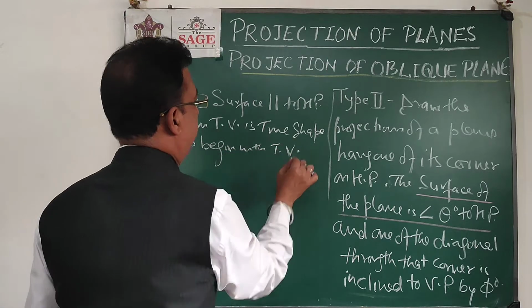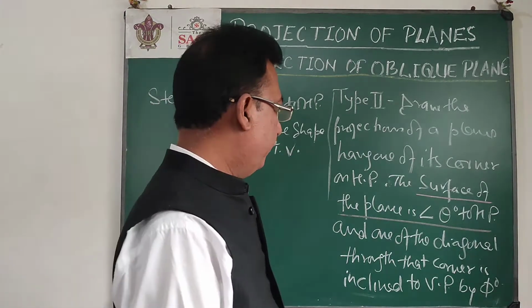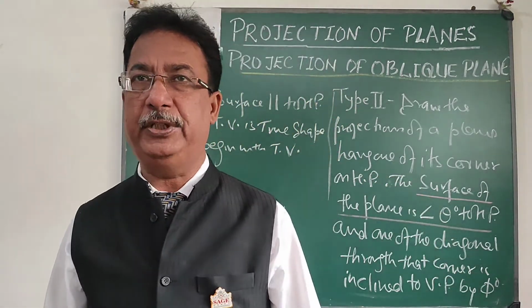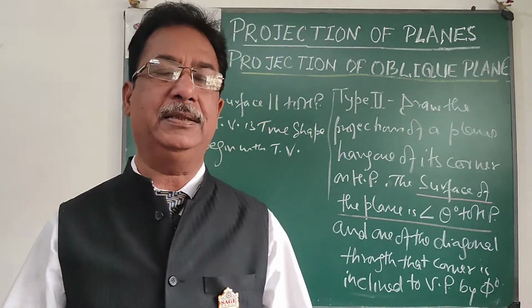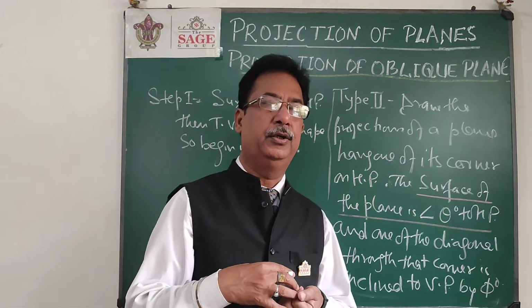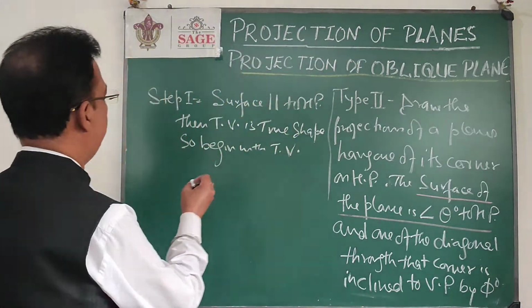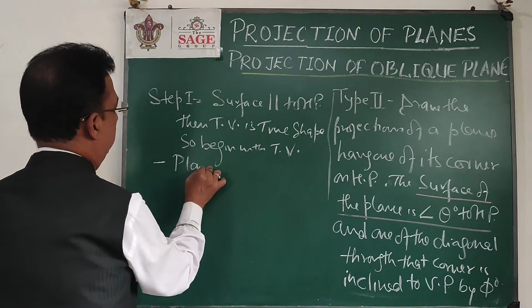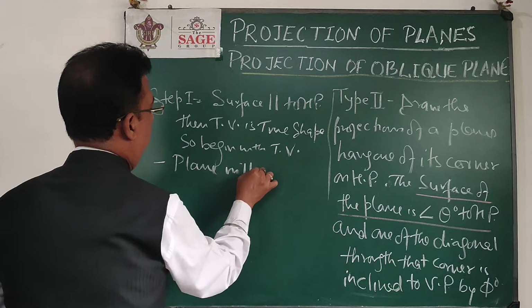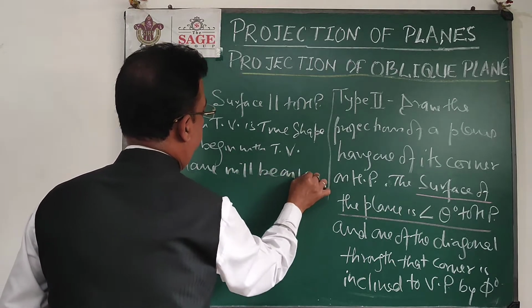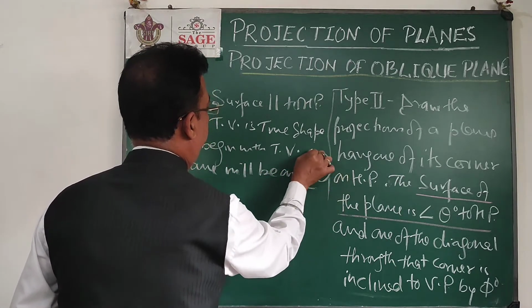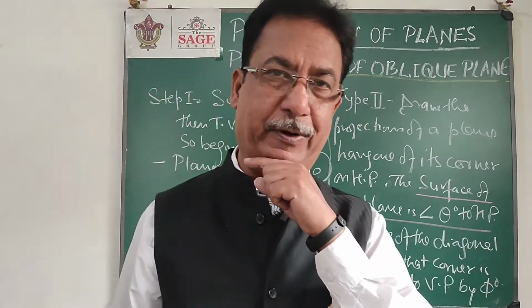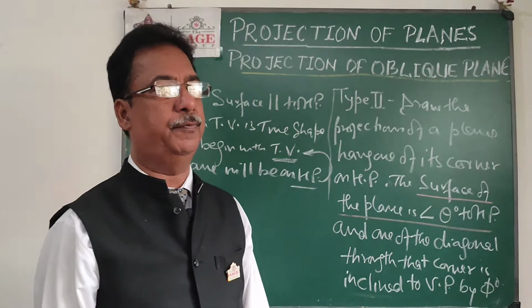But this time in the top view, one important thing: as I want to keep one of the corners on the HP, isn't it better that I place the whole plane on the HP? So instead of just parallel to HP, I have decided the plane will be on HP. Again, if the plane is on HP, we should start with the top view. So twice we have finalized that we are going to start with the top view.